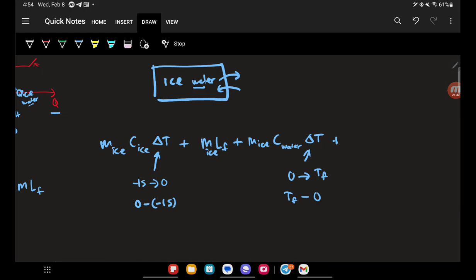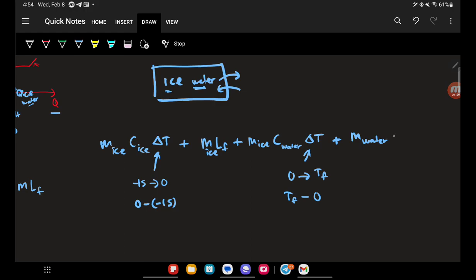So what happened to the water? The water technically goes through a cooling process, but we don't even need to put any sign, because as I mentioned, this water is only going through a change in temperature. This is the mass of the water, as before we did the ice.